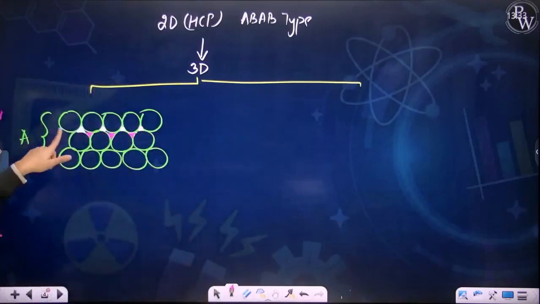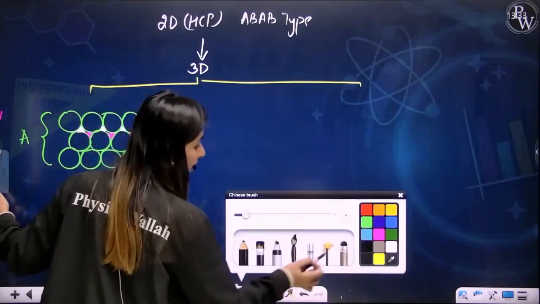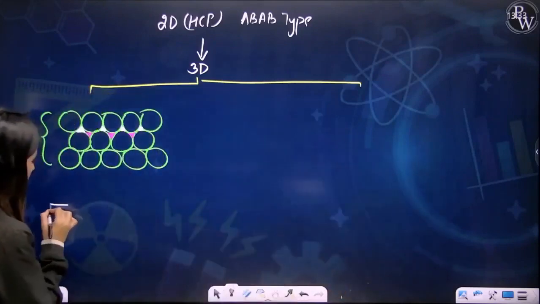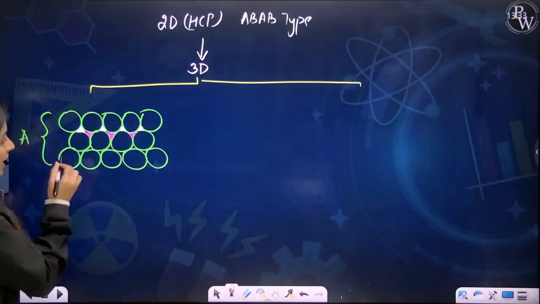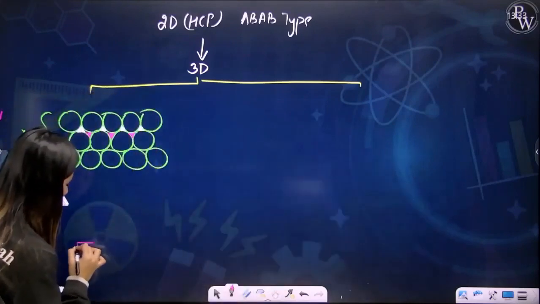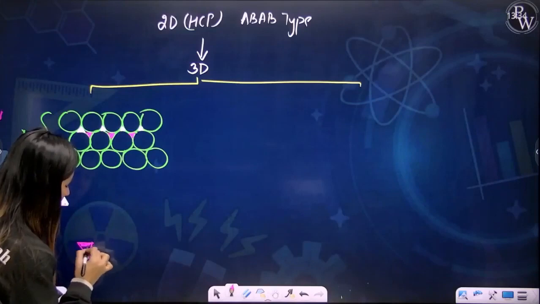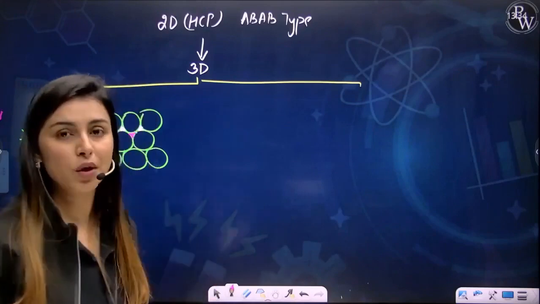We have white voids, which are the triangles on the upper side. And then we have pink voids, which are facing downwards, right?